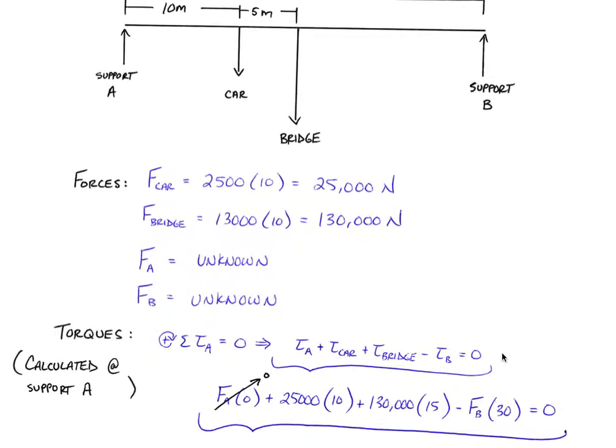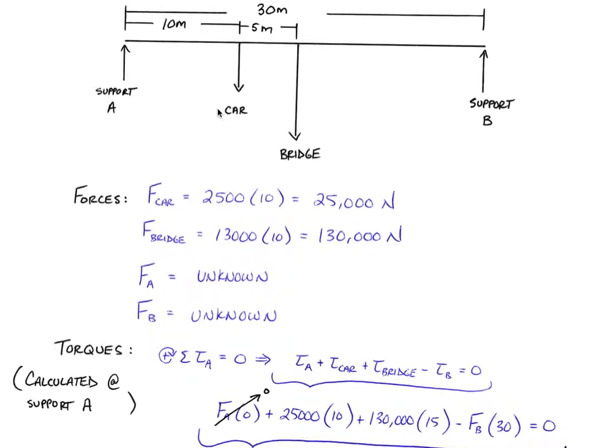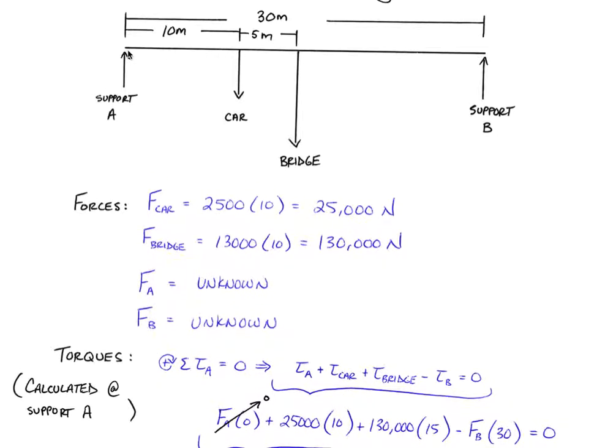Now, if I plug in the forces and the distances, you see what I have here. I don't know the force at A, but I know that the force at A is acting exactly 0 meters from point A. So that torque will cancel out. There is no torque. The car, which has a force of 25,000 newtons, is located 10 meters from my reference point. So 25,000 times 10.